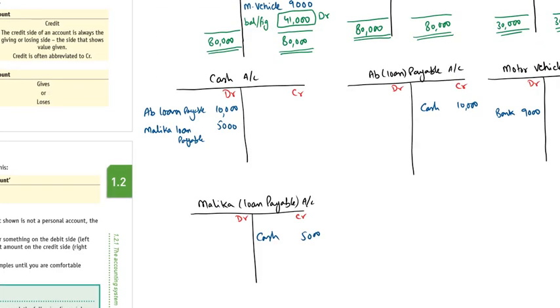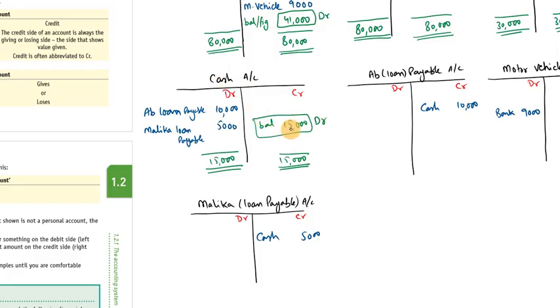Now balance the cash account. 10 plus 5, 15,000 debit total, and 15,000 will be the credit total. The balance will be here, that is 15,000. What does this balance mean?